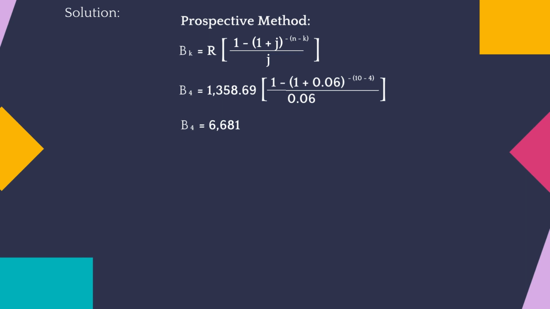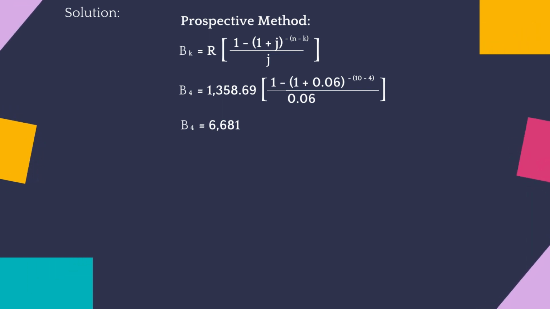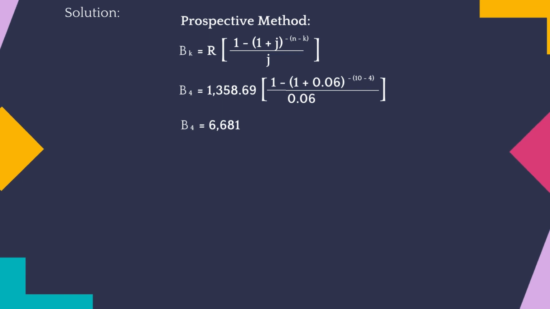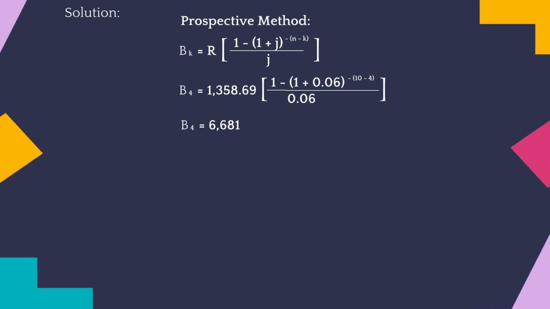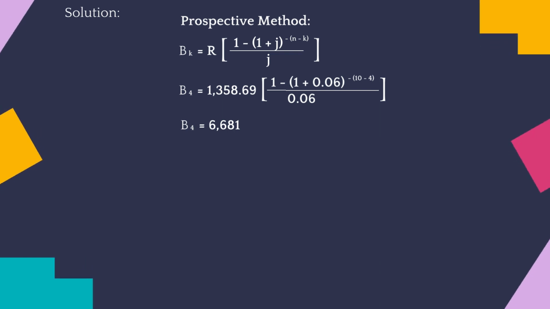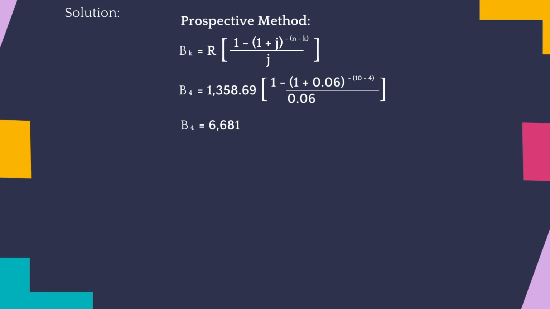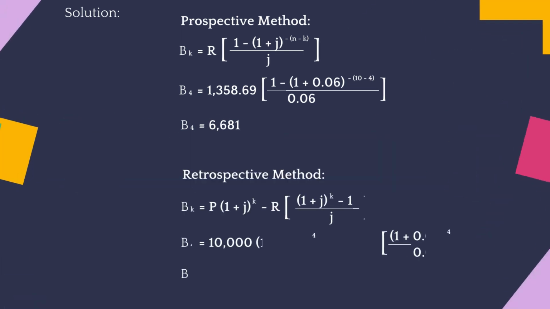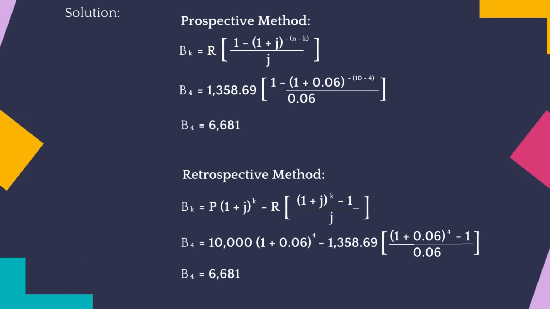So B4 equals $6,681.12. Therefore, the amount of the loan left right after the fourth loan payment is $6,681.12. And let us also solve the problem using the retrospective method.